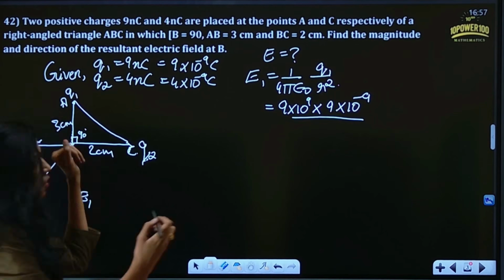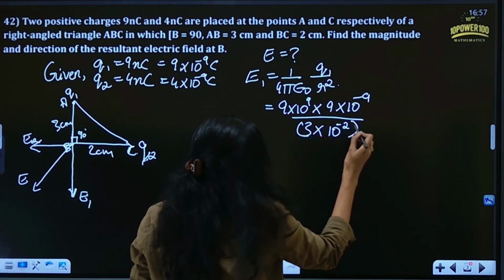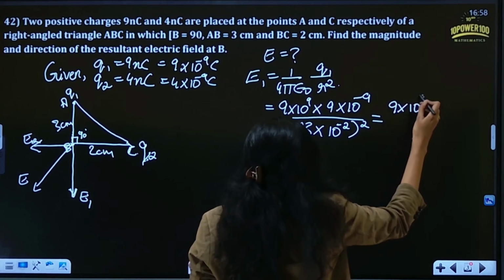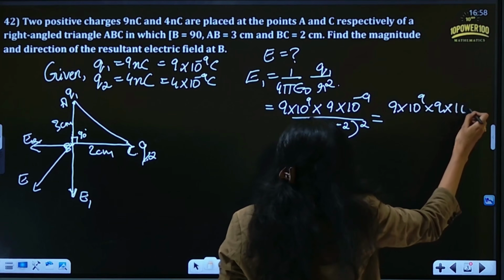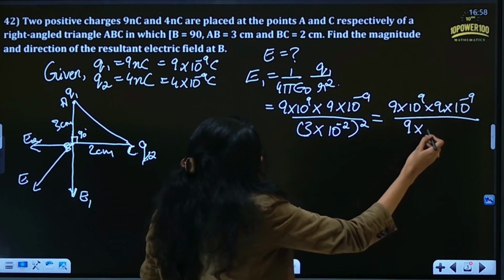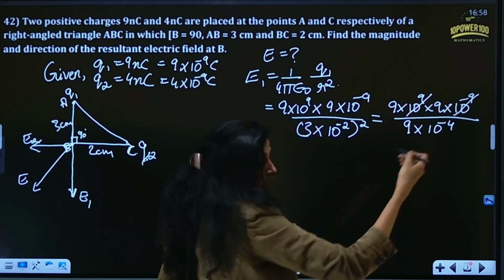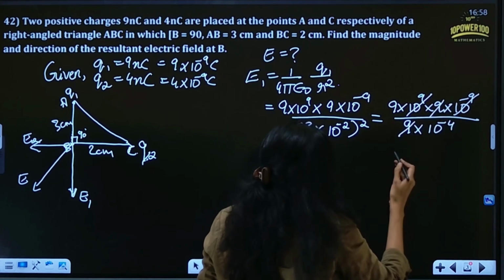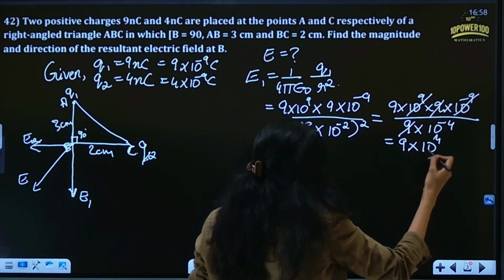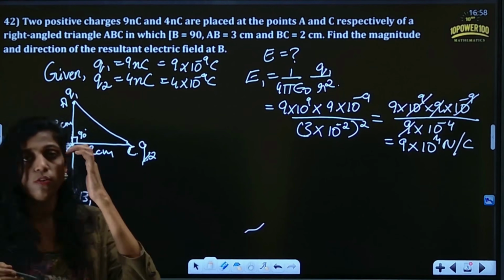AB is 3 centimeter, so in meters that is 3 into 10 power minus 2, the whole square. So you get 9 into 10 power 9 into 9 into 10 power minus 9, divided by 3 square, which is 9, into 10 power minus 2 square, which is minus 4. Now you can cancel 10 power 9 and 10 power minus 9, and 9 can be cancelled. So you will get 9 into 10 power minus 4, which if it goes up is plus 4. The SI unit of electric field is Newton per coulomb. So first I found E1.